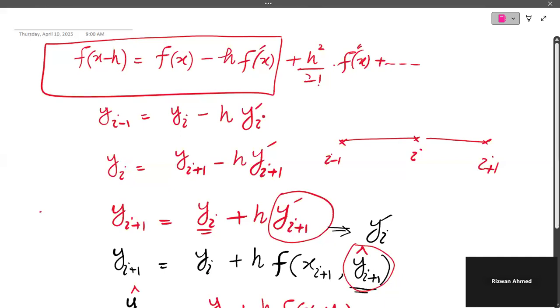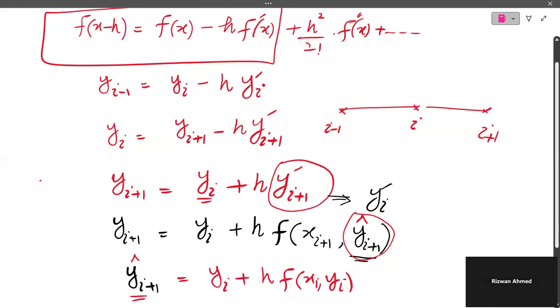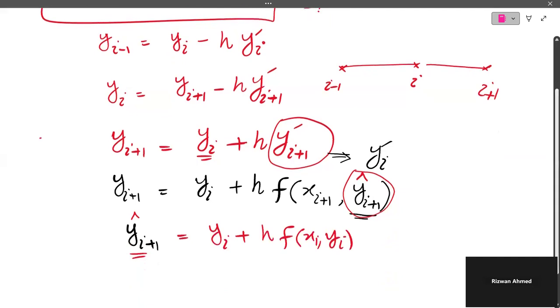We can write that with numerical indices as y_{i-1} equals y_i minus h times y_i prime. Simplified for the next time step from i to i plus 1, we come across this equation: y_i equals y_{i+1} minus h times y_{i+1} prime.